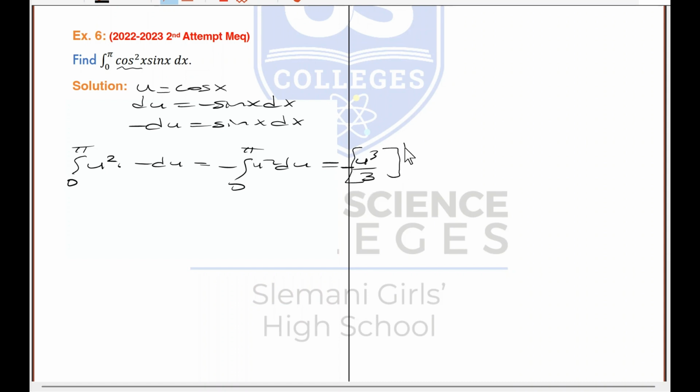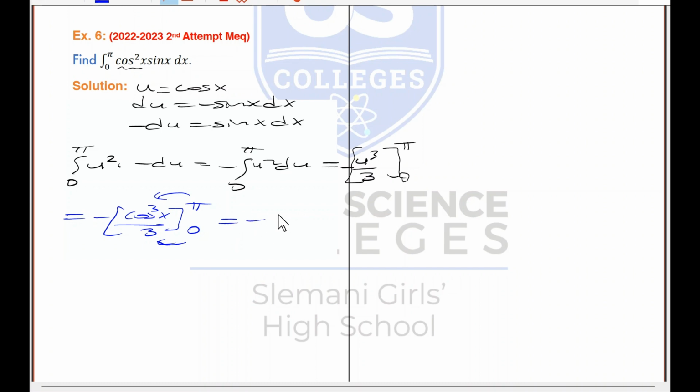Before I input bounds back, these bounds are for x, so I have to make u back again. Let's do back substitution. What was u? u was cosine. So it's equal to negative cosine x cubed over 3. We did back substitution. Now we can input the bounds.